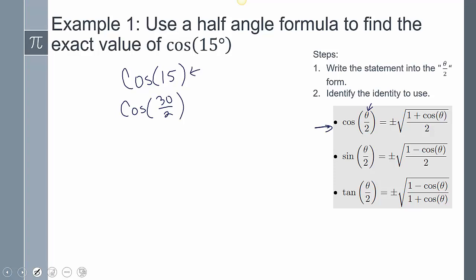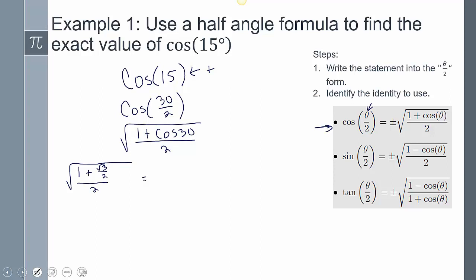Now this is in quadrant 1, so I know its cosine is normally positive. So I'm going to get the positive square root of 1 plus cosine of 30 degrees all over 2. And so that's going to be the square root of 1 plus radical 3 over 2 all over 2.